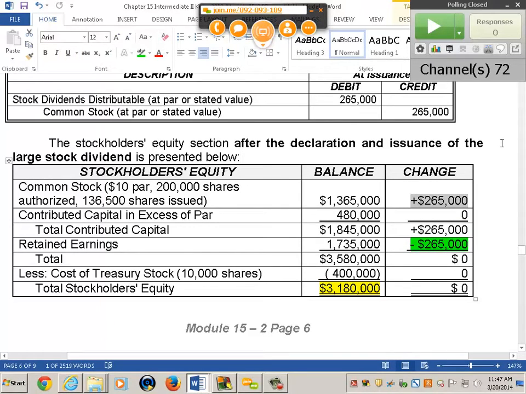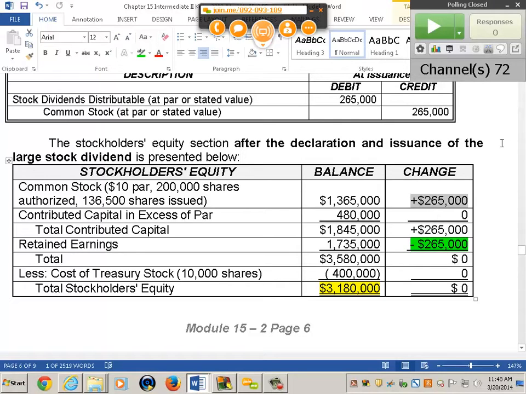Now, in this case, again, assuming no treasury stock is used, and we have a stock dividend of 26,500 shares, you have issued now 136.5, and 126.5 is going to be outstanding.